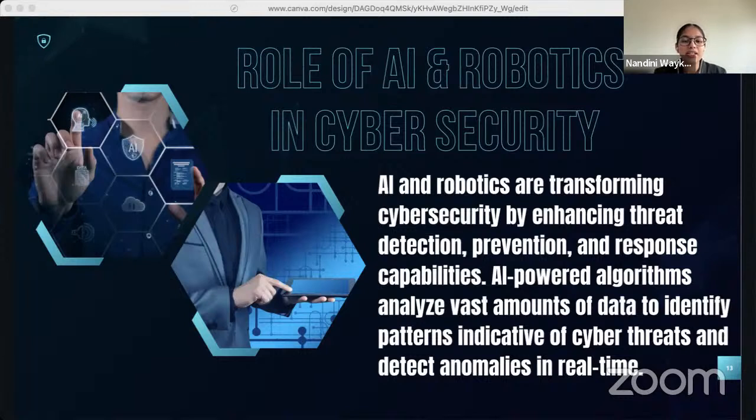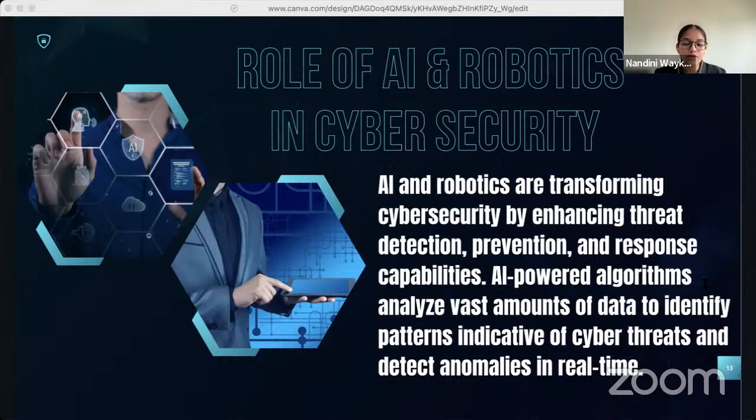AI is basically speeding up the prevention and detection of cyber threats, and AI-powered algorithms analyze vast amounts of data to identify patterns indicative of cyber threats and detect anomalies in real time. Machine learning techniques enable predictive analytics, allowing organizations to anticipate and mitigate potential risks proactively.